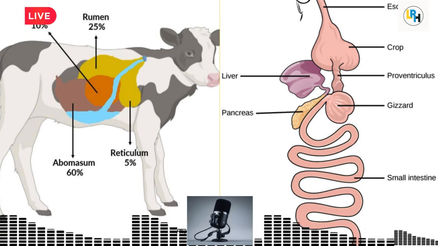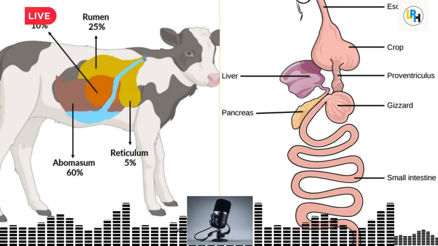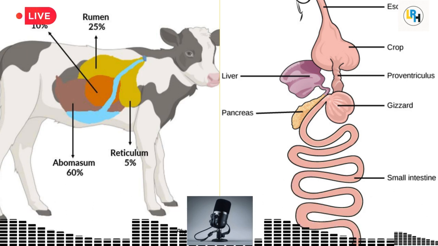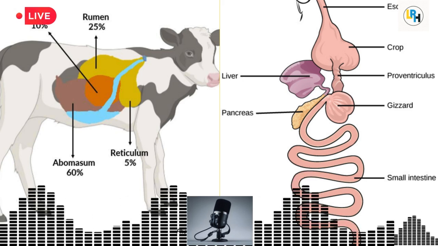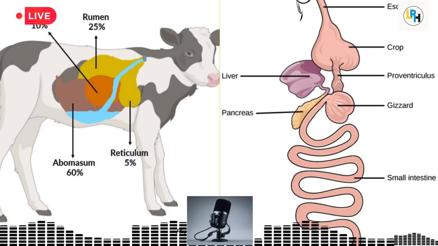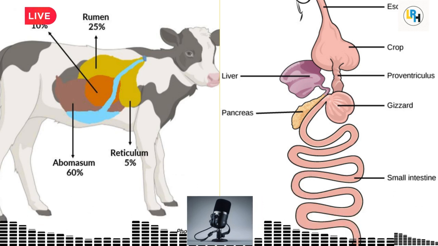Poultry or monogastric herbivore. Poultry are also called monogastric herbivores, but with a few unique organs adapted for a herbivorous diet. Even though they can eat other things, they have no teeth and rely on a special grinding organ.